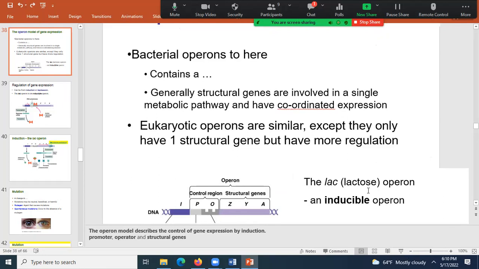This lactose gene codes for the enzyme lactase, which digests the sugar lactose into glucose and fructose. And that's the Z gene in the lactose operon.